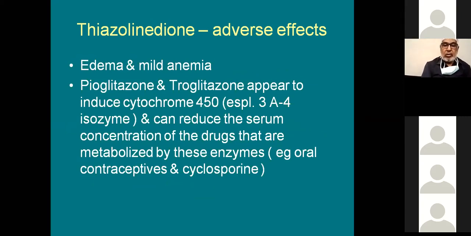Pioglitazone and troglitazone appear to induce cytochrome P450 and can reduce the serum concentration of drugs. This will come under drug interactions. They can reduce the serum concentration of drugs that are metabolized by these enzymes. You are well aware that cytochrome P450 is an enzyme responsible for the degradation of drugs.